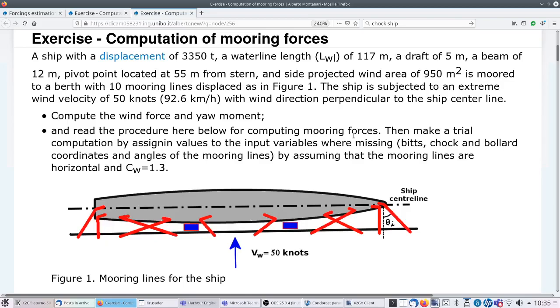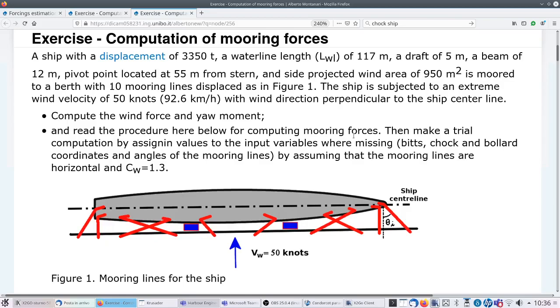And for instance, you need to know the coordinates of the bits, chock, and bollards, and the angles of the mooring lines. I'm taking notes of the spelling errors. They are not really important, but given that I see them, I would like to correct them afterwards.